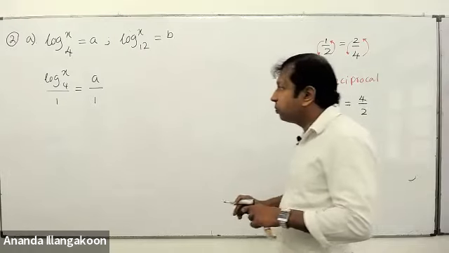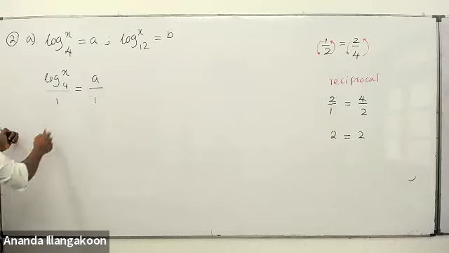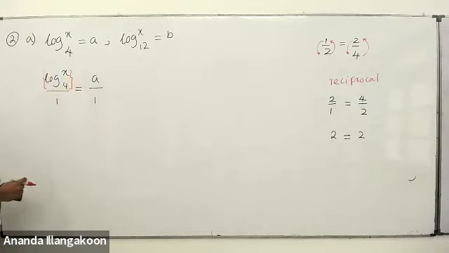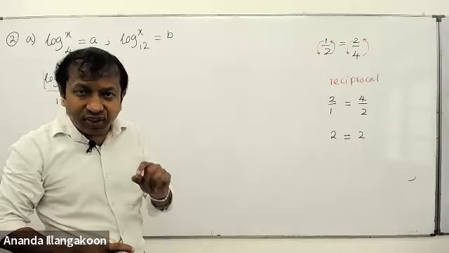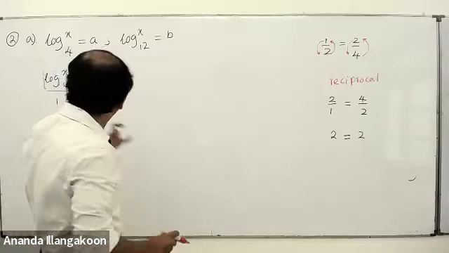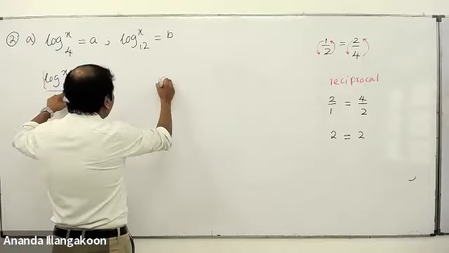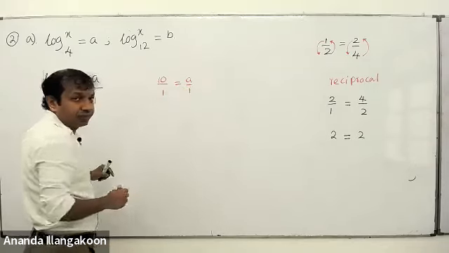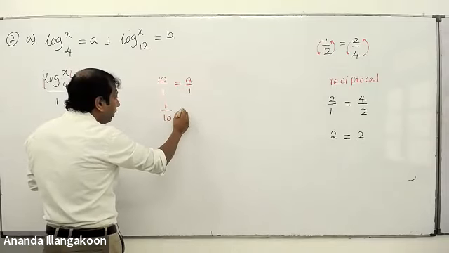Even here, suppose this logarithm of x to the base 4 has a certain value. Suppose, for instance only, this value is 10. 10 divided by 1, 8 divided by 1. Then you can take the reciprocal. Then what do you get? 1 over 10 equals 1 over 8.